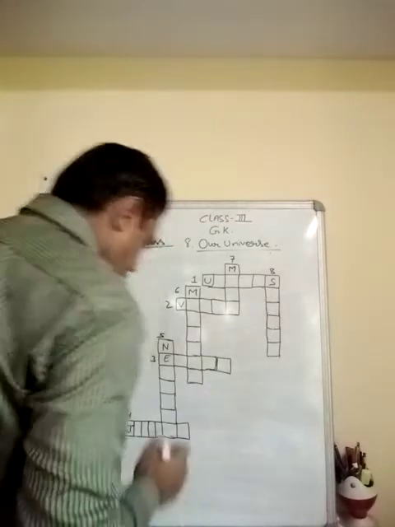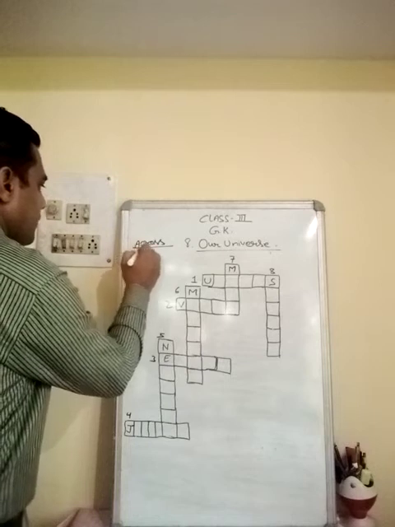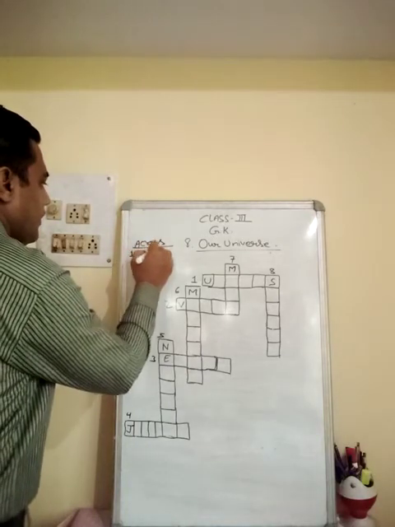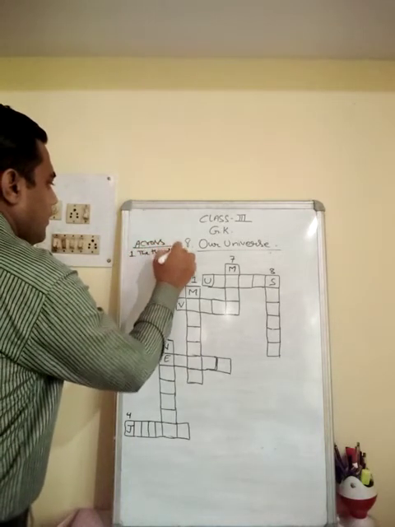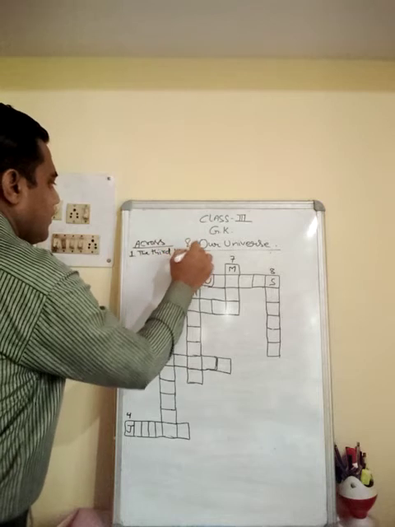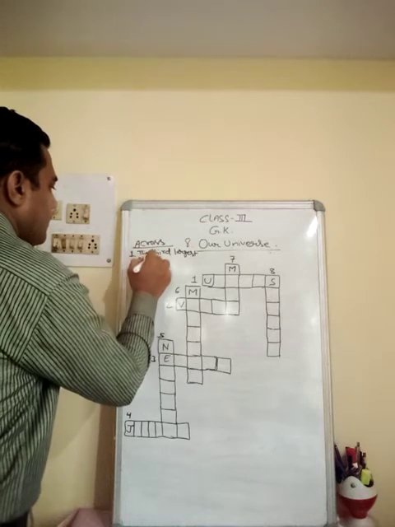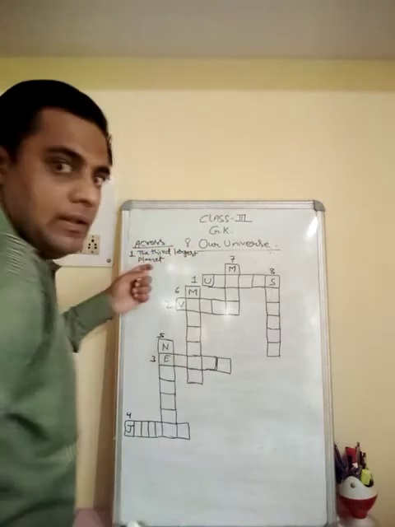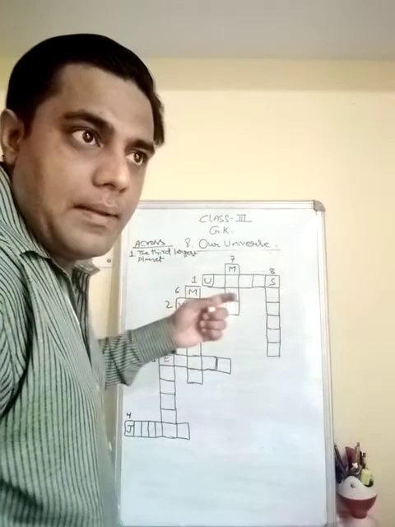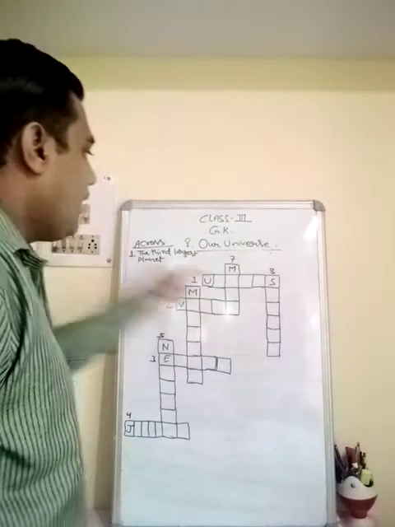Across, number 1, the third largest planet. The third largest planet, that is number 1, across.